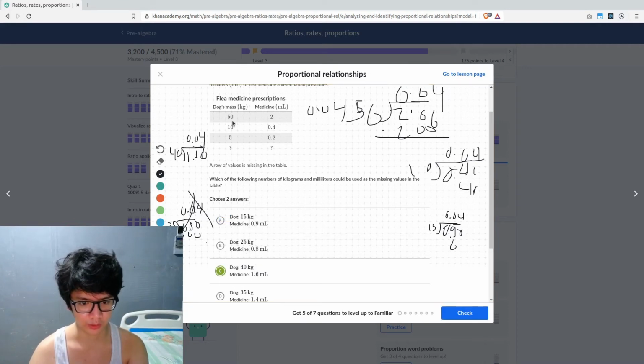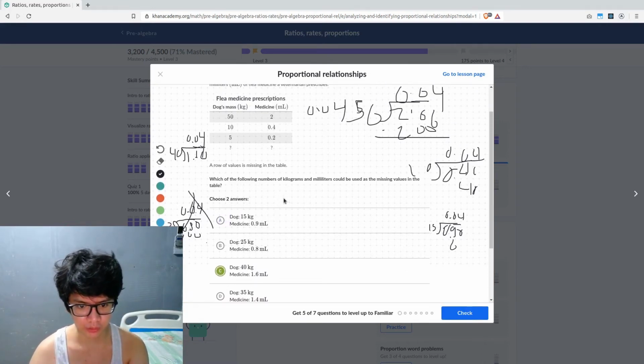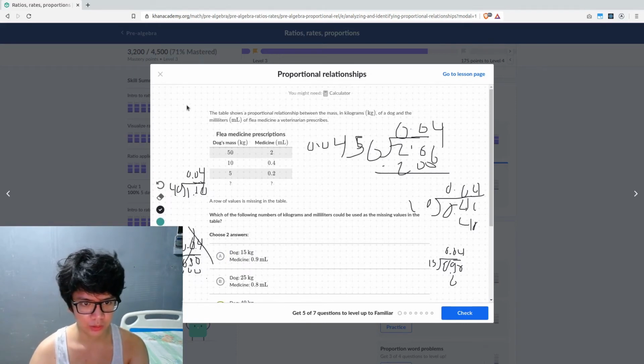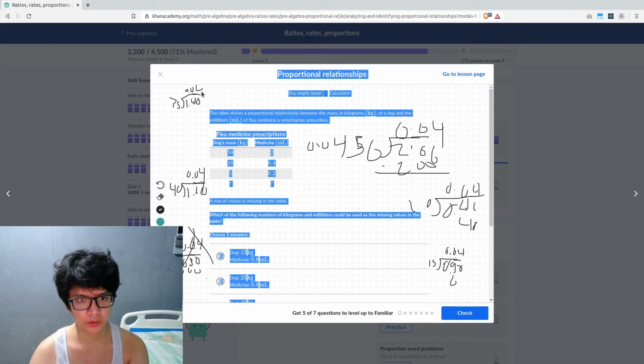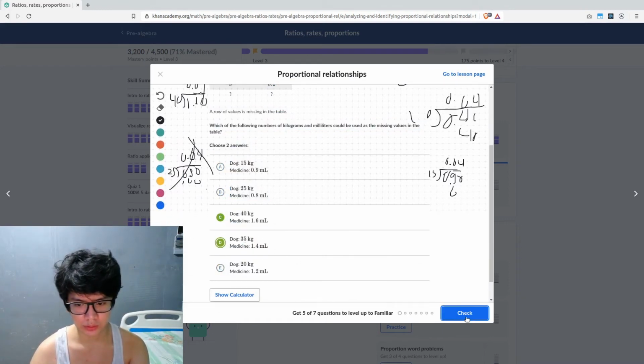Okay, that works. One more answer. Okay, 1.4, I think 35 seems cool. 1.4, 4, 35, right? That's 4 as well. So like 17, okay, cool. There we go.